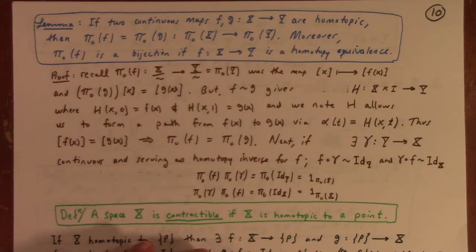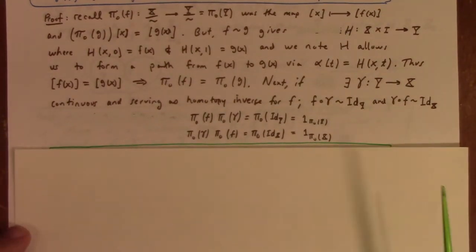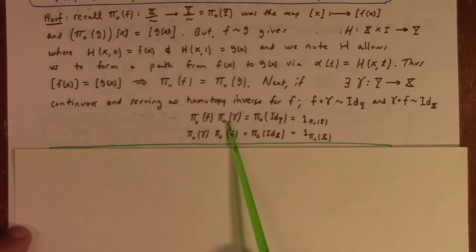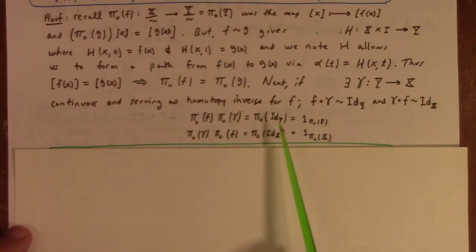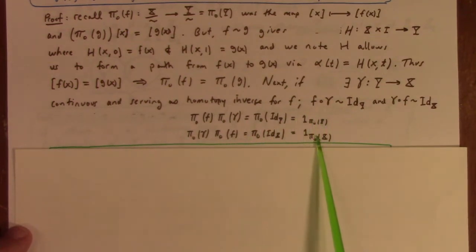And then we just take pi sub 0 of these relations, and we get pi 0 f composed with pi 0 gamma equal to pi 0 id. But the pi 0 of the identity is the 1 on the class of paths, and likewise over here.